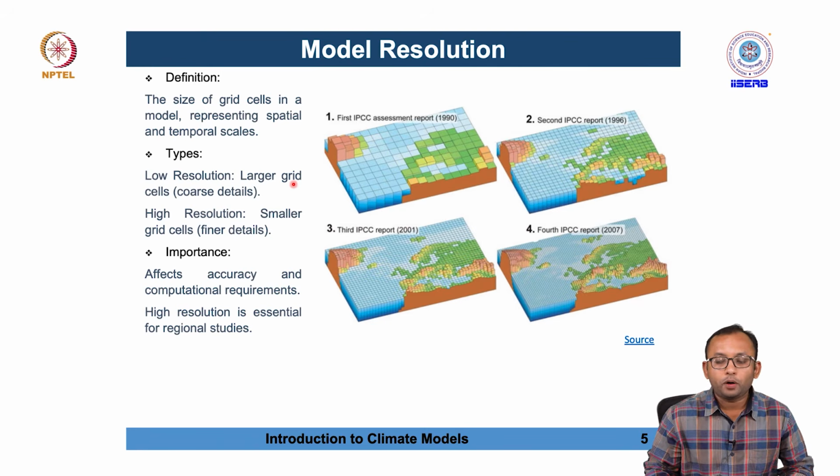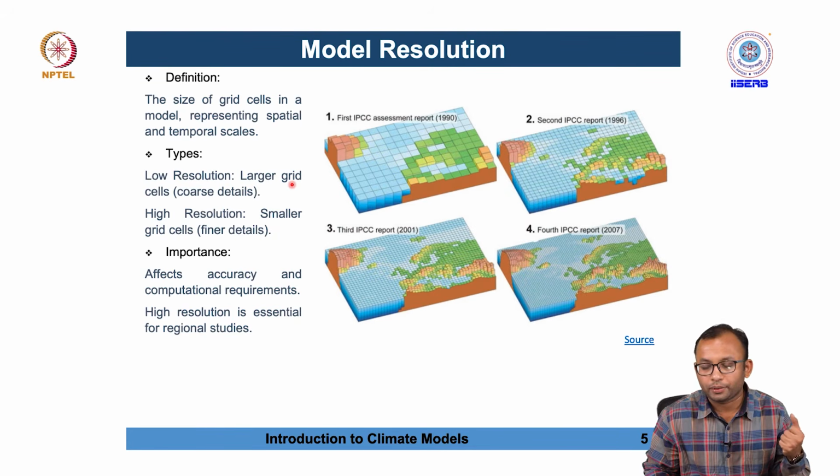The importance of having a finer resolution data set is that we can have better control over a very specific part of the world, but at the same time a finer resolution costs more in computational efficiency. It requires more computational infrastructure, for example.